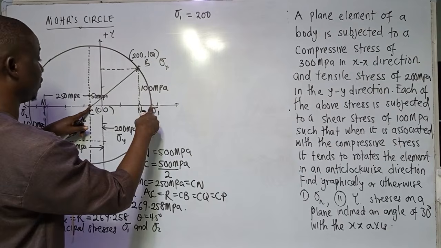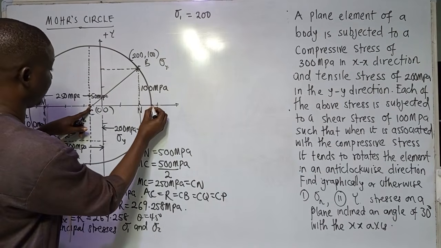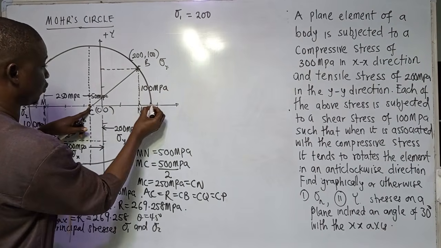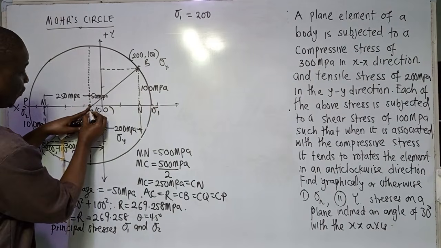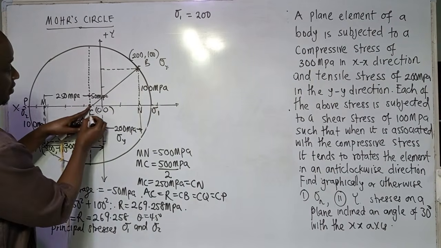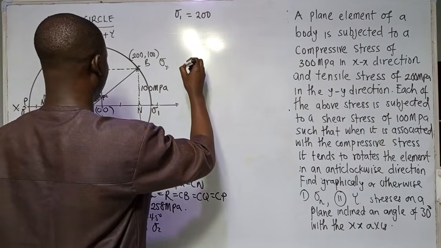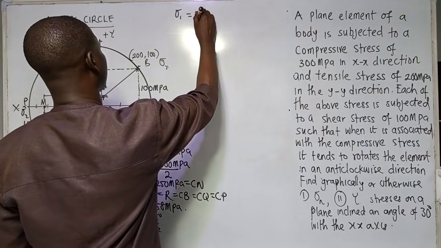From here to here is the radius. So to get from here to here, don't forget, from this place to this place is Q1. So you remove this one from there, the average. So radius is what?